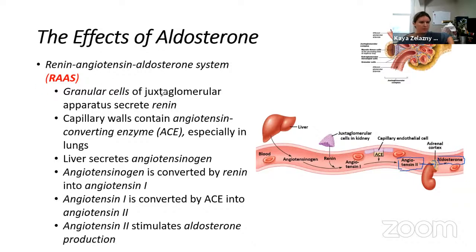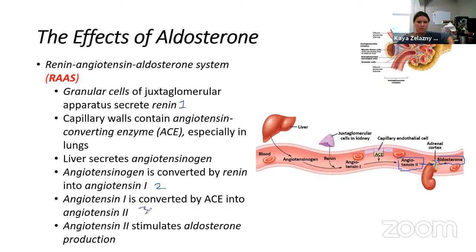Are these numbered well? Okay. Yeah, so I would say 1 would be the secretion of renin. I might then jump down here and say our second step is the conversion of angiotensinogen into angiotensin 1 by renin.